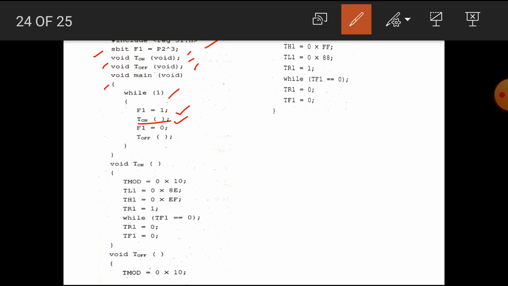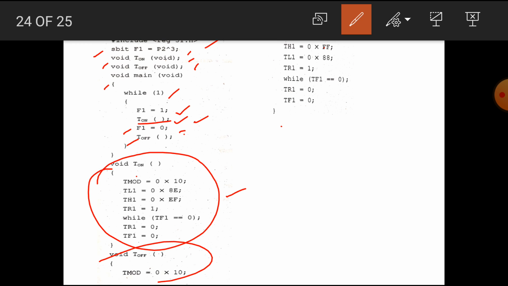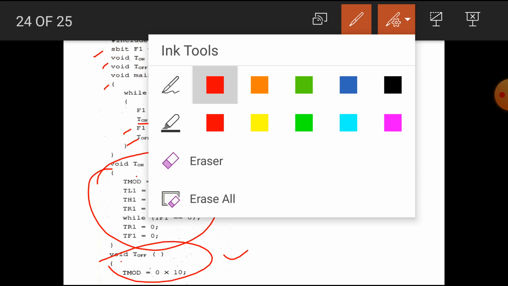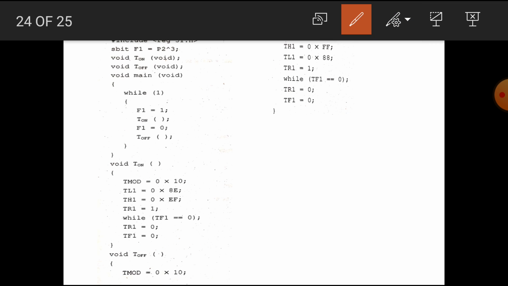That means now we jump to this T on delay. Whatever this subroutine has, the delay is executed, after this delay make F1 equal to 0, that means complement it, and then jump to the T off delay. I hope you all understand the basic procedure here.